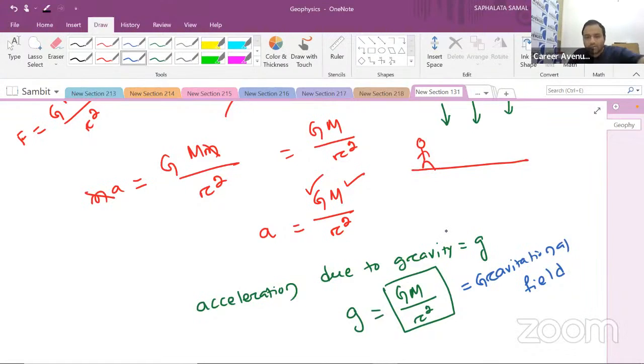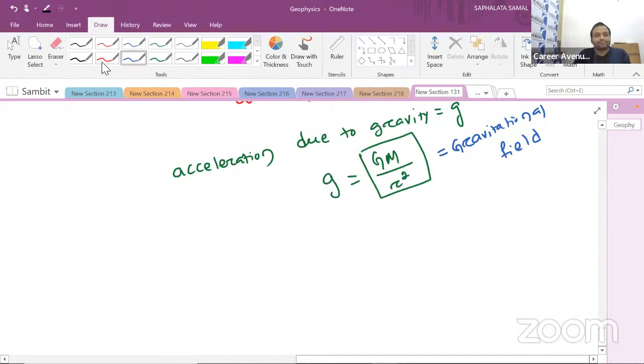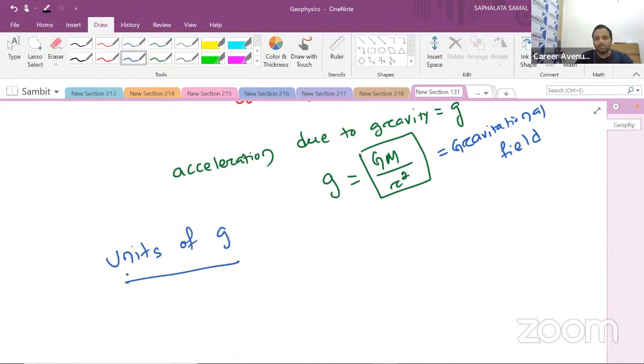Okay. Now, let's look at the units of this g. We can calculate the unit of g from the equation F is equal to mg. So g would be equal to F by m.